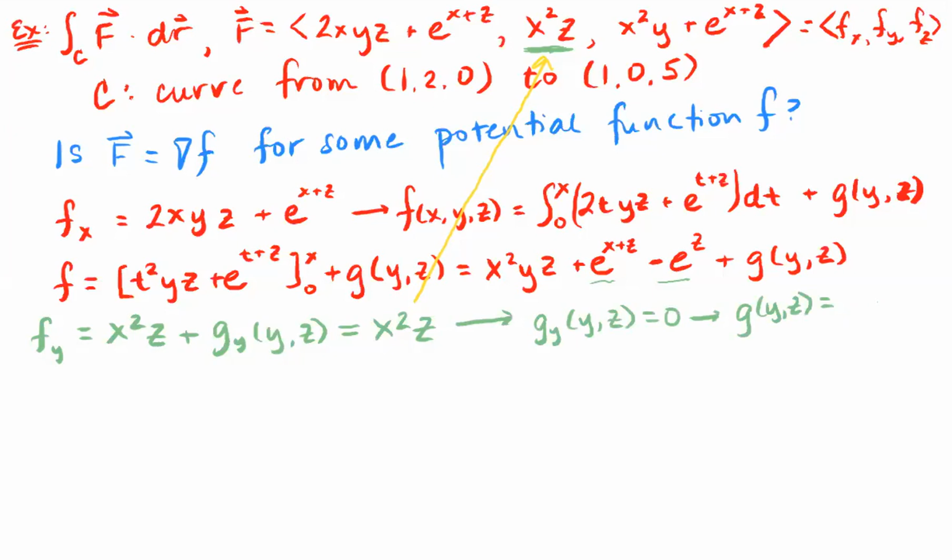I'll call this h of z. Okay, any questions so far? All right, now I'm going to put this right back in here, and I'll just say this is a constant in this context.